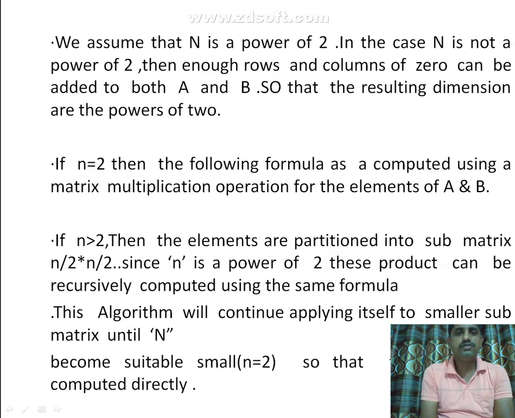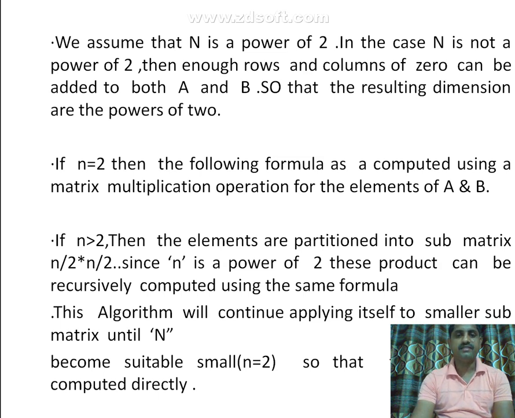We assume that n is a power of 2. In case n is not a power of 2, enough rows and columns of 0 can be added to both A and B so that the resulting dimensions are powers of 2. If n equals 2, the product is computed using the matrix multiplication formula on the elements of A and B. If n is greater than 2, the elements are partitioned into submatrices of size n by 2 into n by 2.